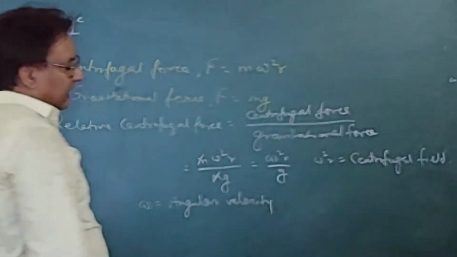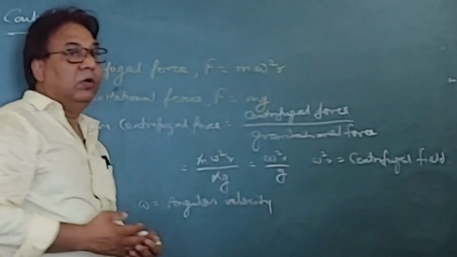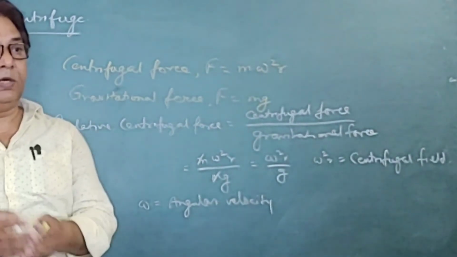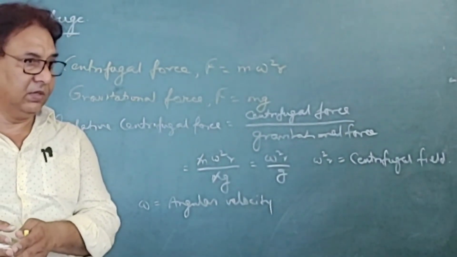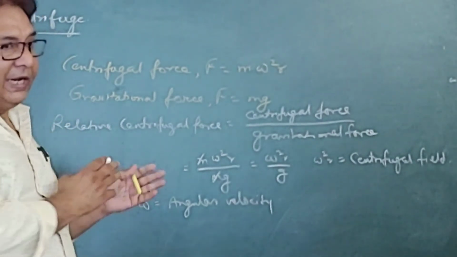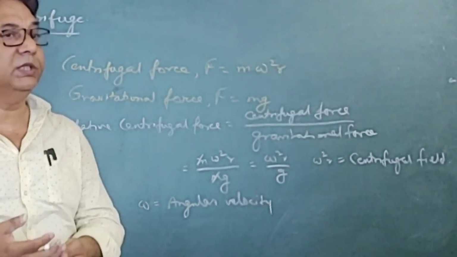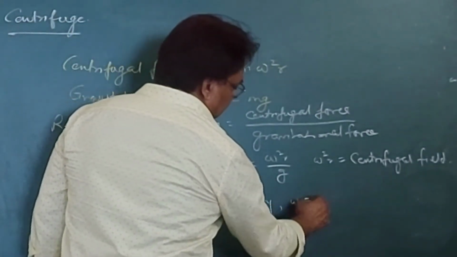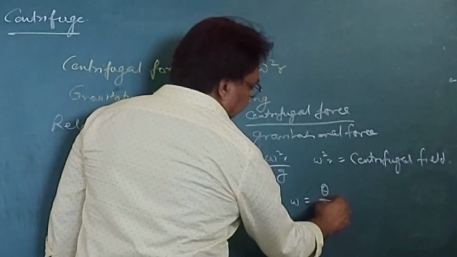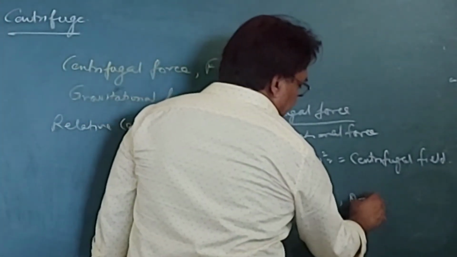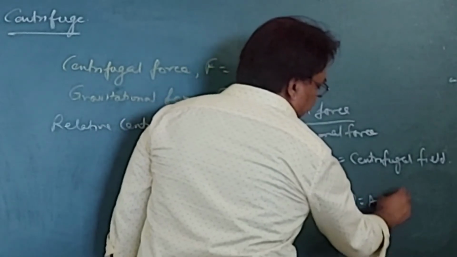Angular velocity is just like when you talk about linear velocity, v. V is defined as linear distance per unit time. Similarly, angular velocity will be angular distance per unit time. So omega is equal to theta by t, where theta is angular distance.